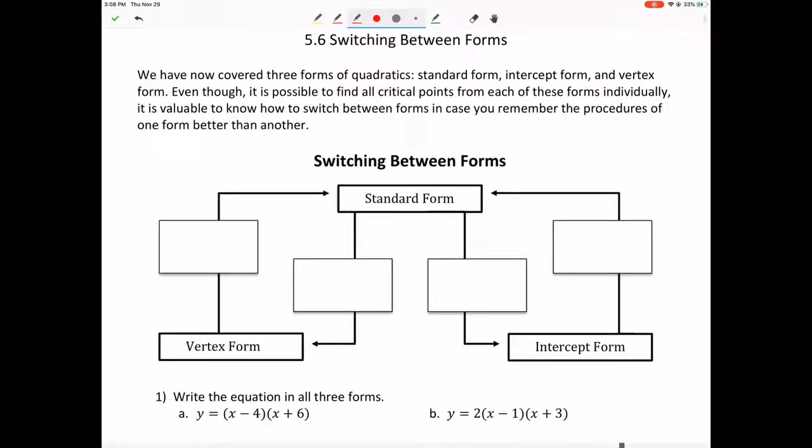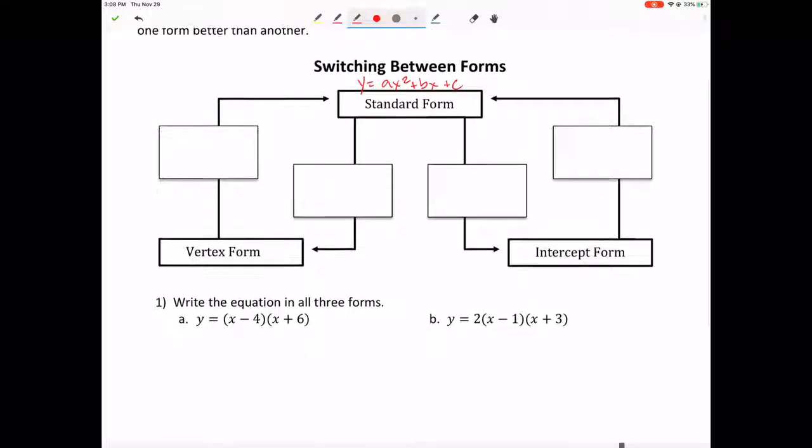So first off, let's write down what the forms are. Standard form is y equals ax squared plus bx plus c. Okay. Intercept form is y equals a(x minus p)(x minus q).